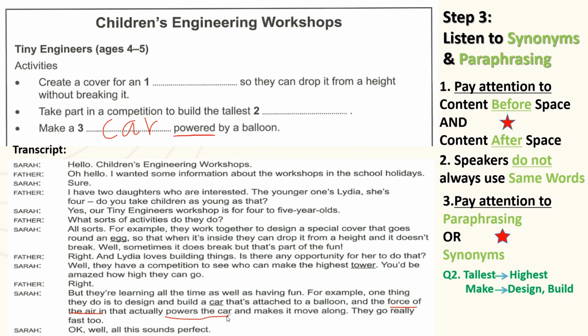This is a classic example of paraphrasing in reading and listening, switching between active and passive voice. The question uses the passive, while the recording uses the active. These 3 questions illustrate the principle of paraphrasing and examples of synonyms in listening tasks.